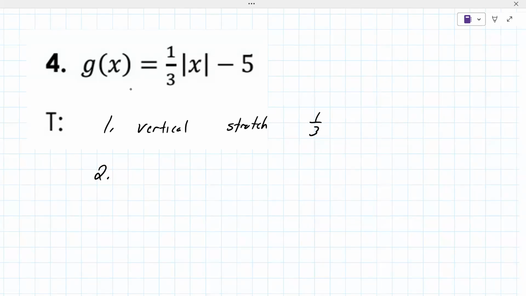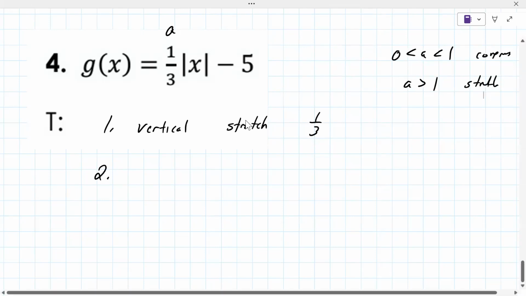The number here is usually called A. If the value of A is less than 1, it's a compression, and if A is greater than 1, it's a stretch. So be careful with that. To me, it's a vertical compression, but then you run into the issue that you're not actually compressing it by 1/3, because that would be a stretch. So you've got to go with whatever they're telling you in class.